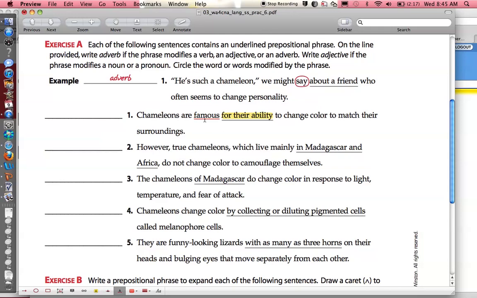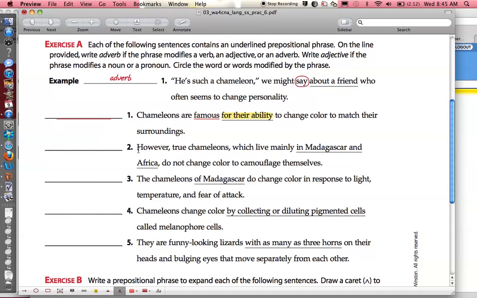Famous is what part of speech? Well, what is famous? Chameleons. So famous is modifying chameleons. That means famous is an adjective. For their ability is modifying the adjective famous. That means it has to be an adverb. I don't seem to be able to write the word adverb here, but write adverb there now.